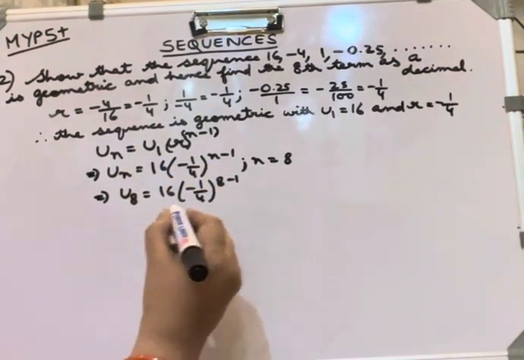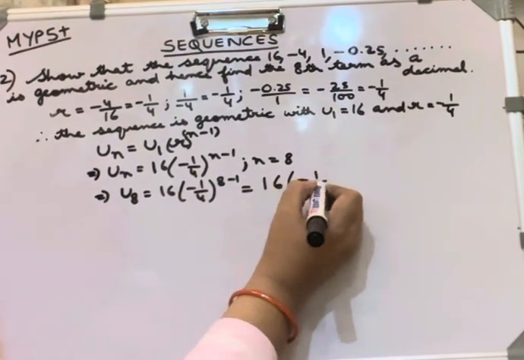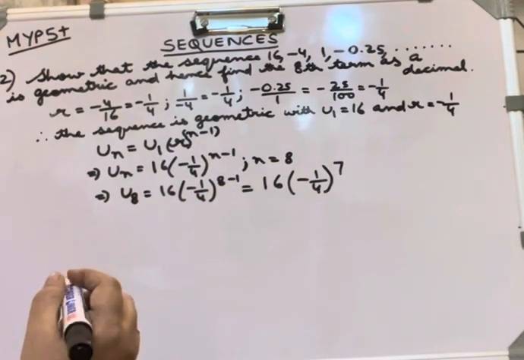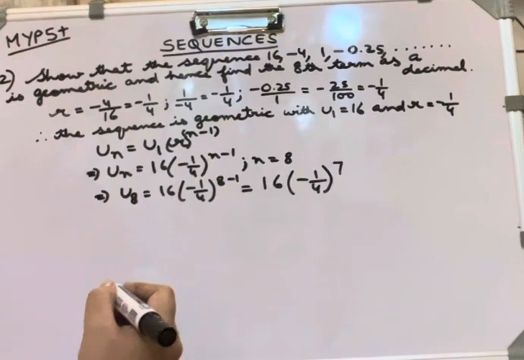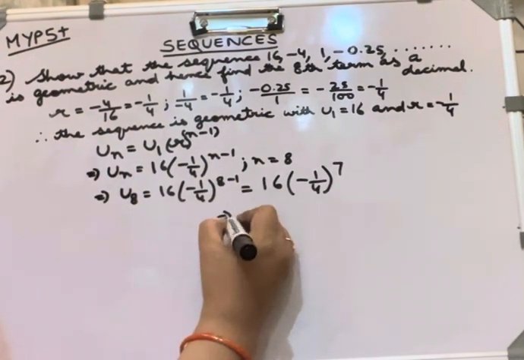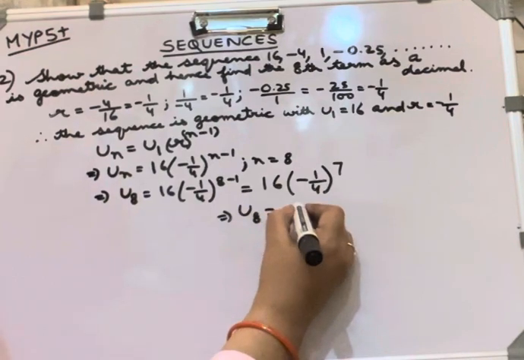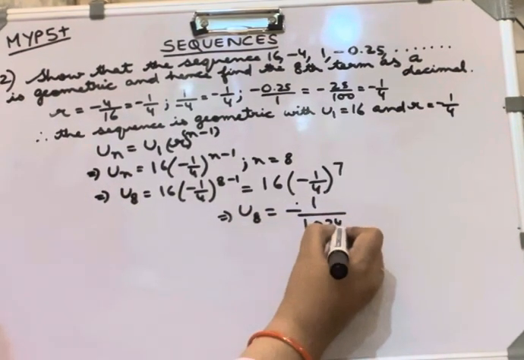Now upon simplification, this becomes 16 times minus 1 by 4 to the power 7. Now if you simplify using a scientific calculator, we find that U8 is equal to minus 1 by 1024.